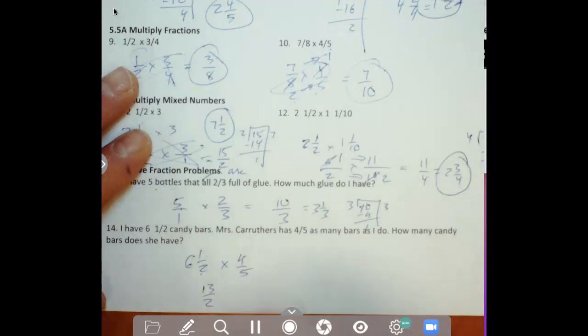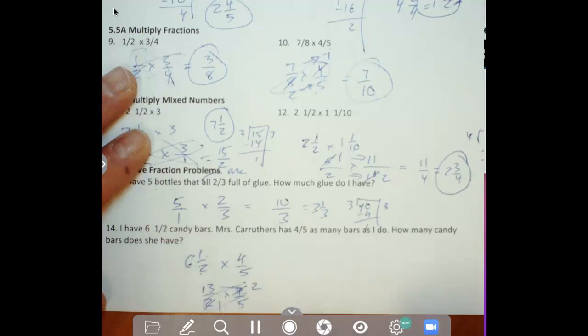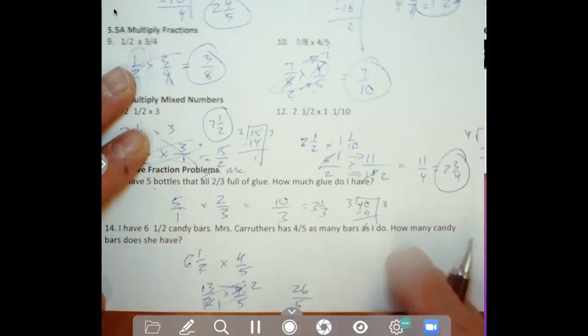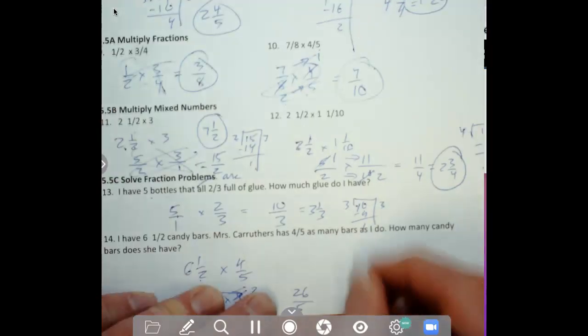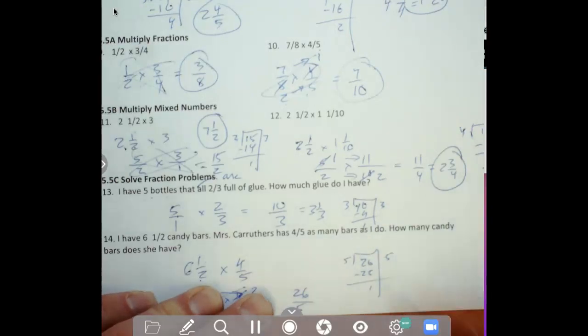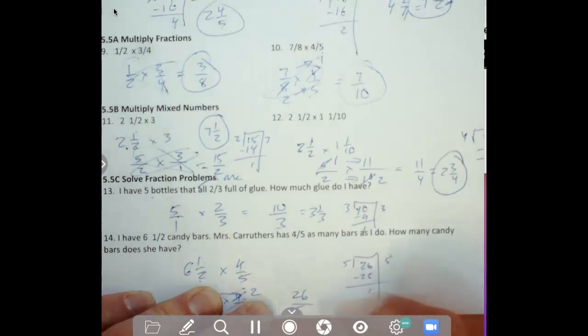We're taking that times 4/5. I can reduce this way. 4 divided by 2 is 2. 2 divided by 2 is 1. Can't do anything the other way, so 13 times 2 is 26. 1 times 5 is 5. So if I divide that out, 26 divided by 5, it goes in there 5 times, is 25. You subtract it, you got 1 left over. It's 5 1/5.